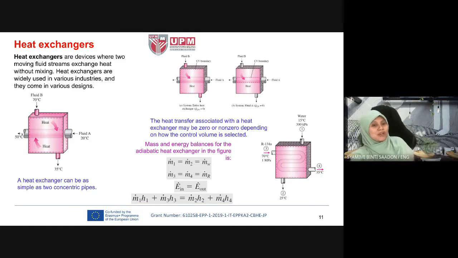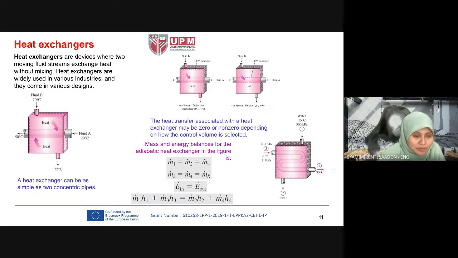So one fluid will go along the pipe, and another fluid will flow just outside it, outside of the pipe but within the chamber here, within the device. So that is one of the differences between a mixing chamber and a heat exchanger.